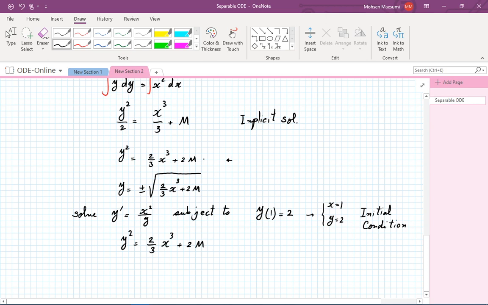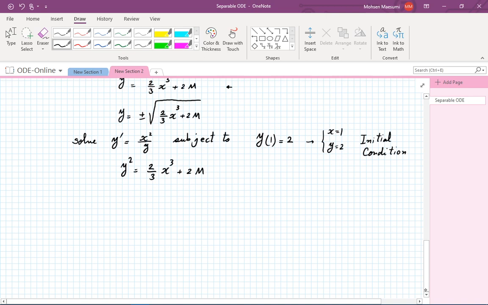So either this or that would have been pretty good. I have y taking the value of 2 and x taking the value of 1. So I plug these two values into my equation and find m, and then proceed accordingly.